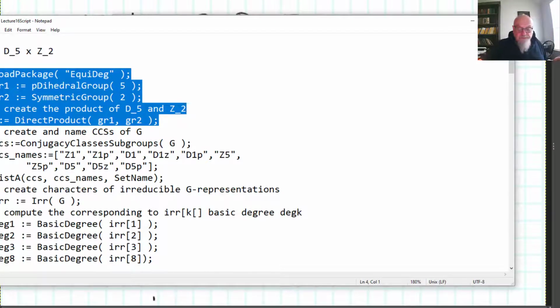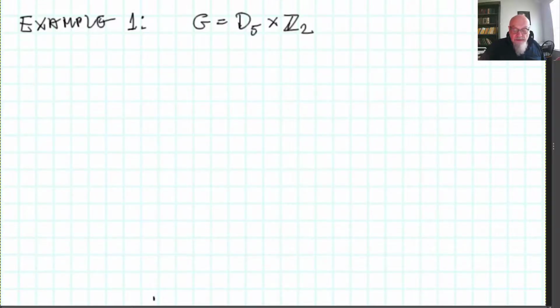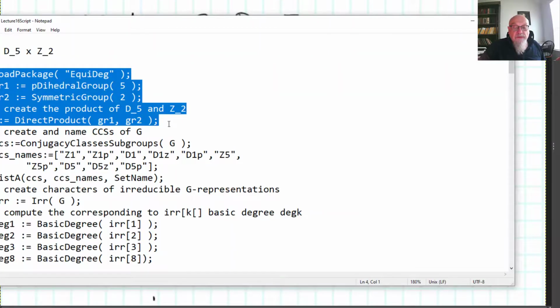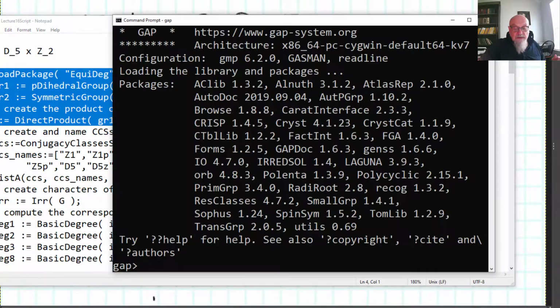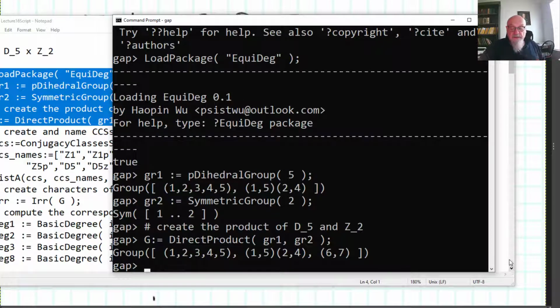We go here, open. How to copy it? Did I copy it correctly? No, problems with copy. So again, Control C, and then we go here and we did it. So we have the group, and enter. So I have the group.